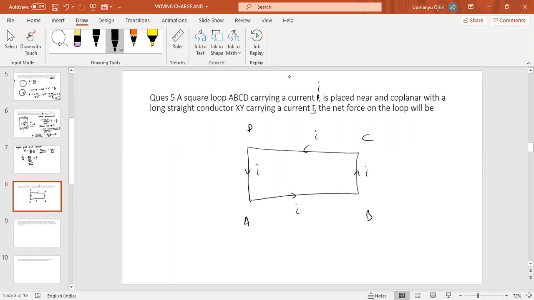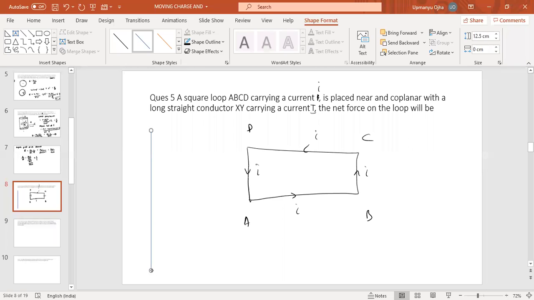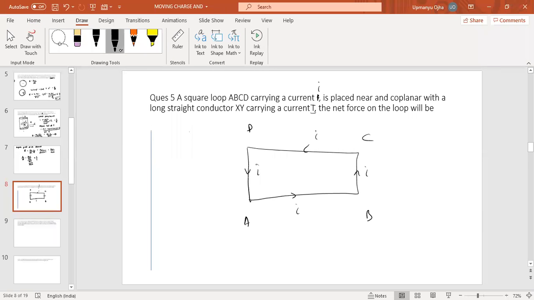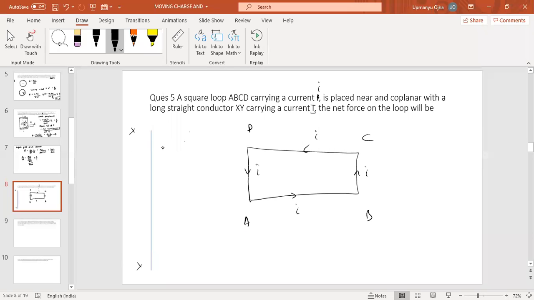We have a long straight wire XY in which the current flowing is capital I. You have to find the net force acting on this loop.